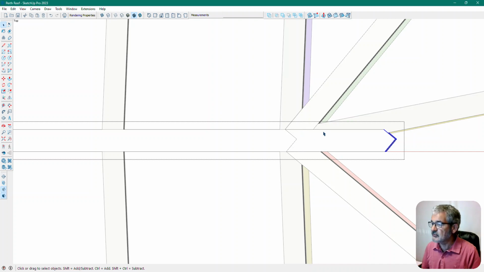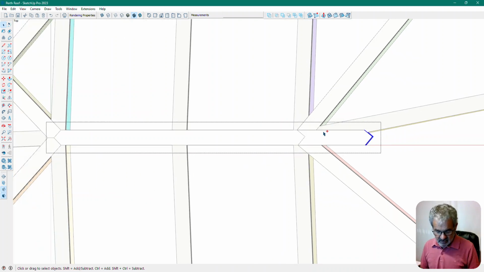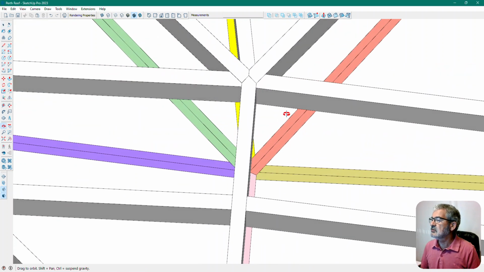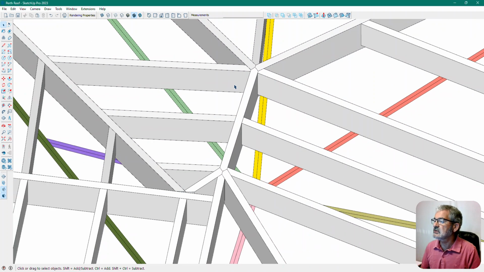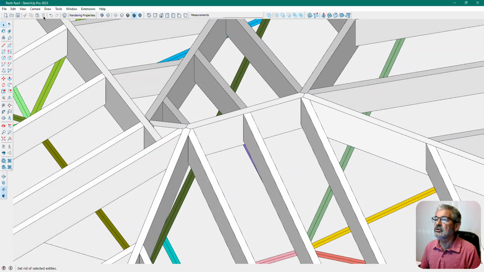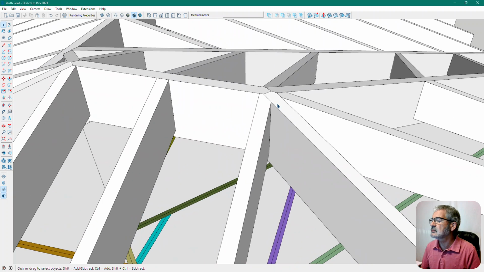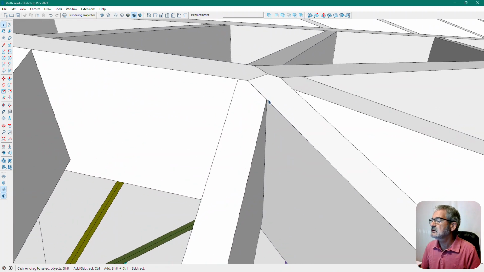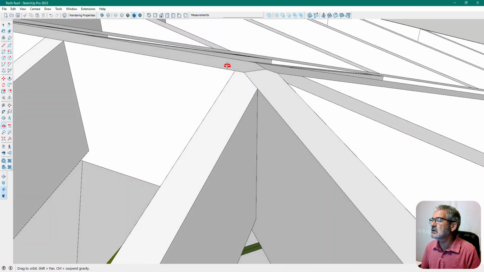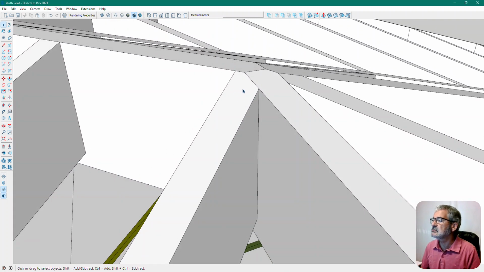So I've just left it at the junction. The reason I've left it there is because it does what I like to do in all my roofing, which is make sure that the edges line up so that we know exactly where we're going when we pitch the thing. There's no need for these centering rafters to be on the centre line.